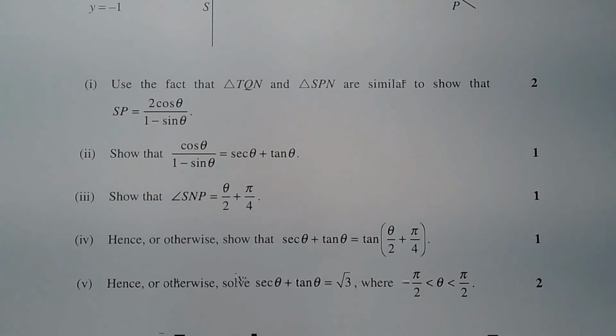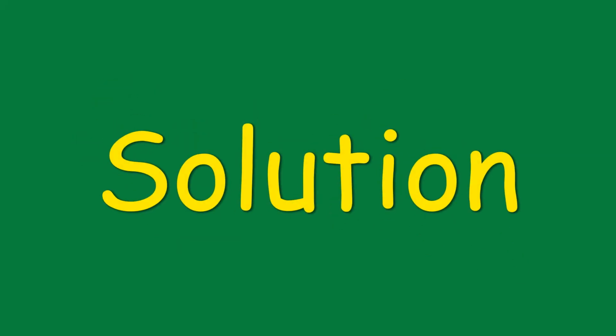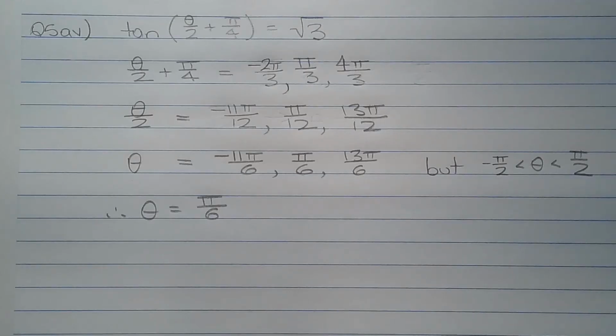Part 5. Hence or otherwise, solve sec theta plus tan theta equals the square root of 3, where theta is greater than negative pi over 2 and less than pi over 2. From part 4, sec theta plus tan theta is identical to tan of theta over 2 plus pi over 4.